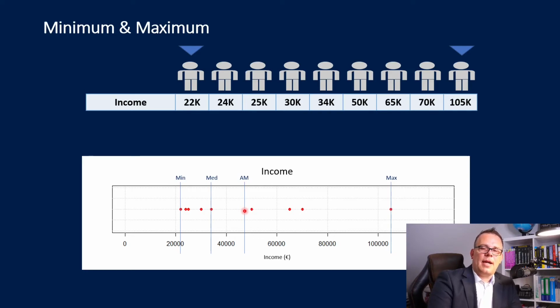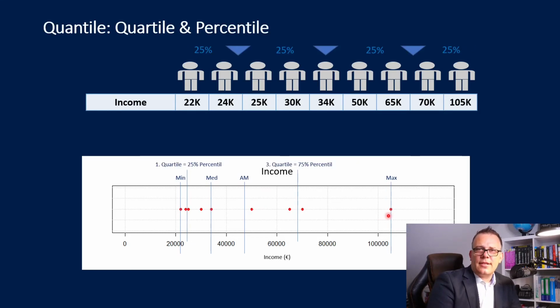The minimum and the maximum, of course, are self-explaining. It's the one with the least income and the one with the highest income. They are on the left and on the right-hand side. Not so self-explaining, of course, are the quantiles, the quartiles, and the percentiles. The quartiles split your data into 4 heaps.